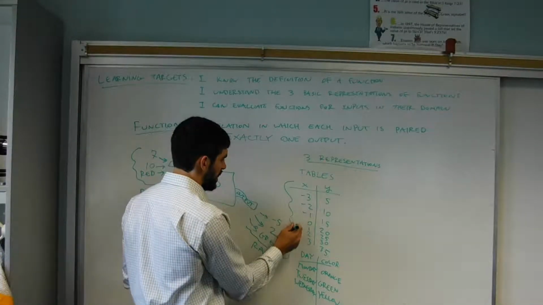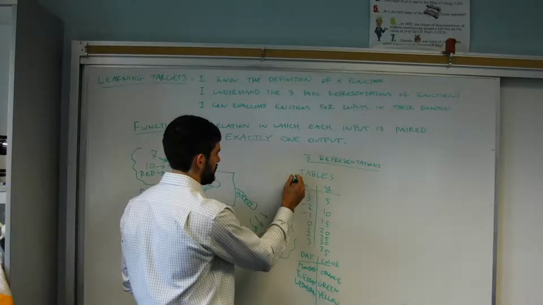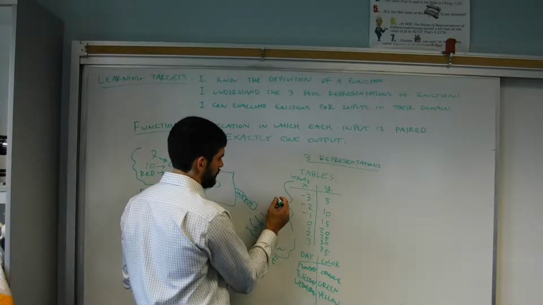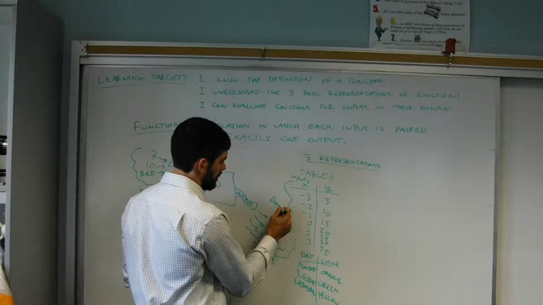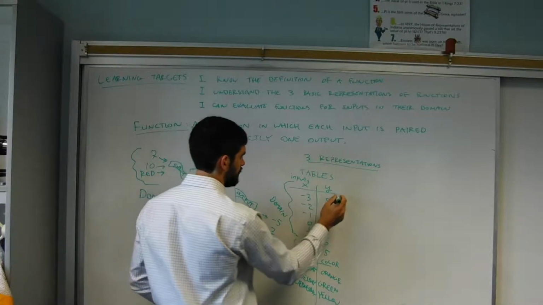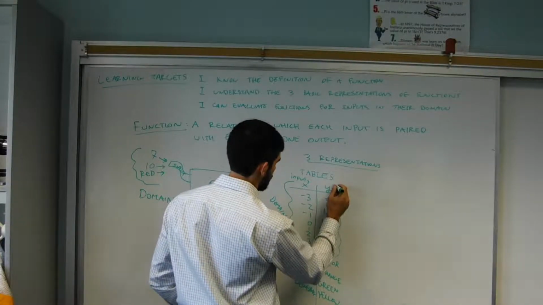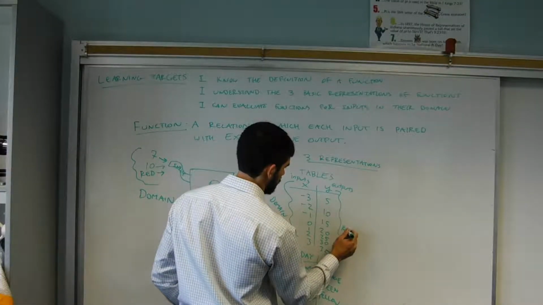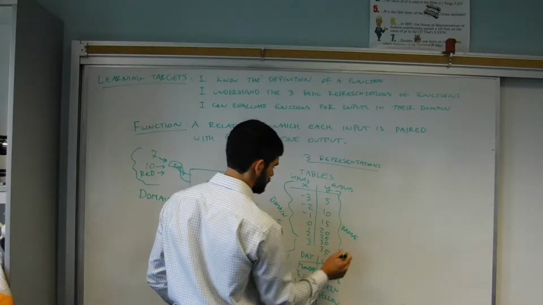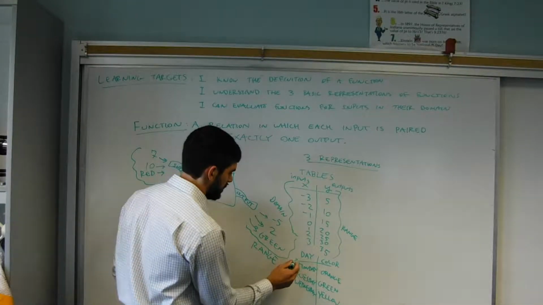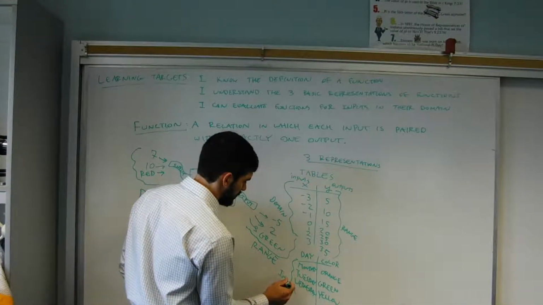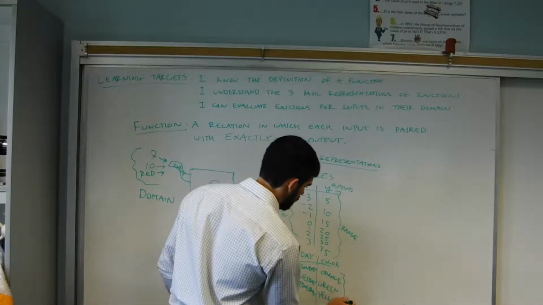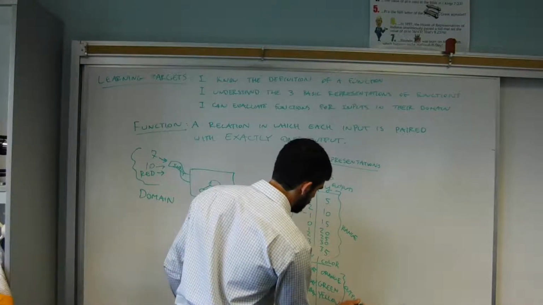So our x values would be our inputs, which collectively make up our domain, and our y values would be our outputs, which collectively would be our range. Same thing here, our day would be our input, and our color would be our output.